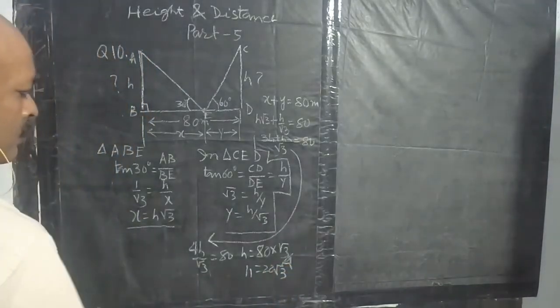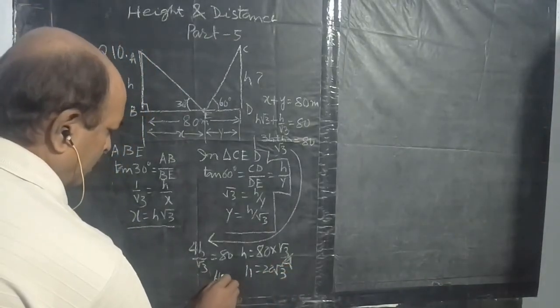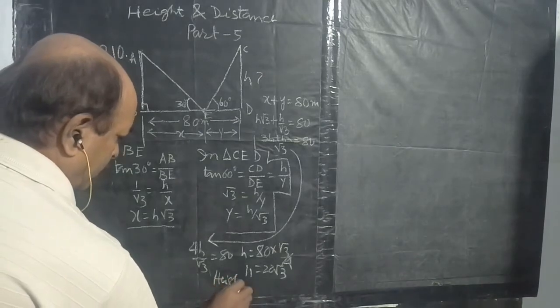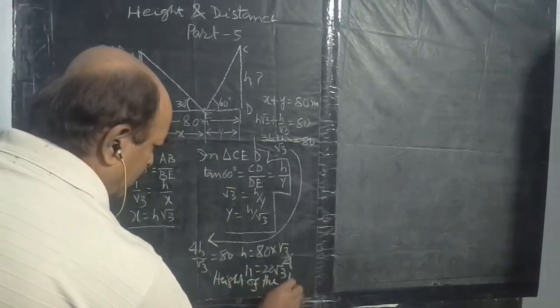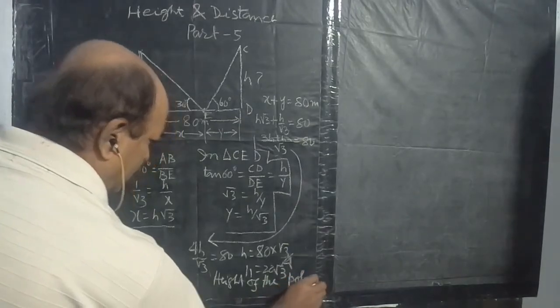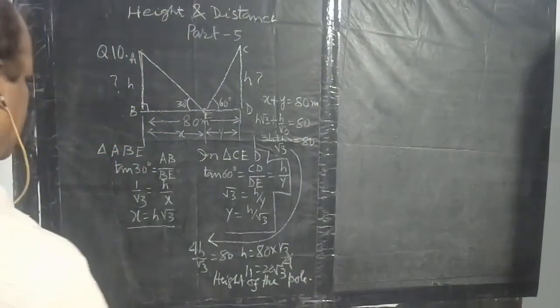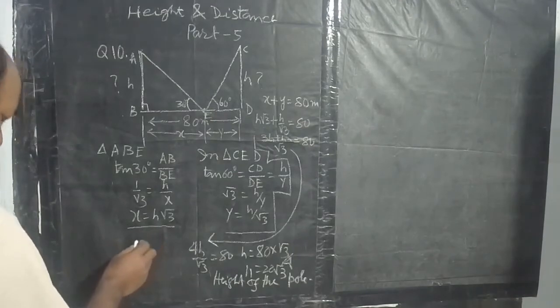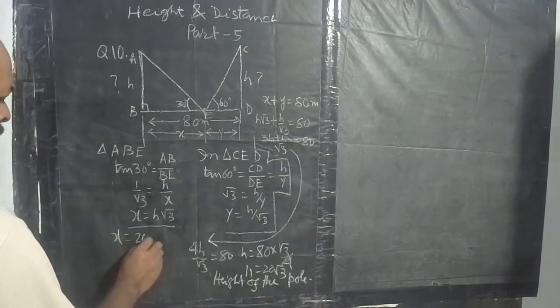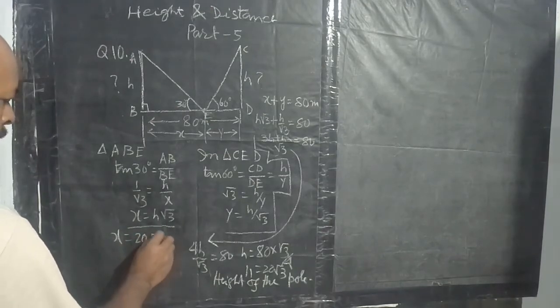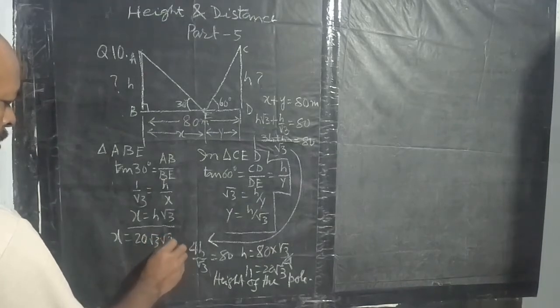This is the height of the pole. And x, what is x distance? X is equal to h root 3, h value is 20 root 3 into root 3.